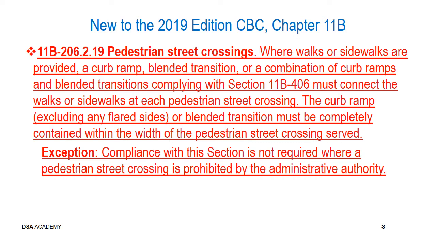The section reads, where walks or sidewalks are provided, a curb ramp, blended transition, or a combination of curb ramps and blended transitions, complying with Section 11B 406, must connect the walks or sidewalks at each pedestrian street crossing. The curb ramp, excluding any flared sides or blended transition, must be completely contained within the width of the pedestrian street crossing served.